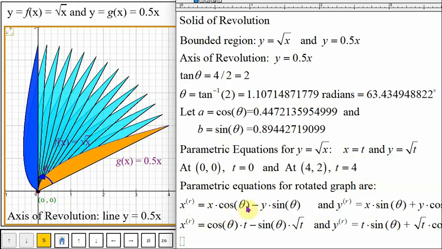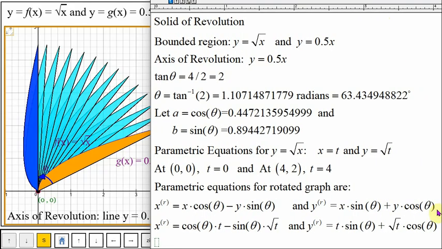The formulas we need to rotate this graph 63.43 degrees are these right here. The x rotated will be cosine of theta times x, minus y times sine of theta, and the y rotated will be x times sine theta plus y times cosine of theta.